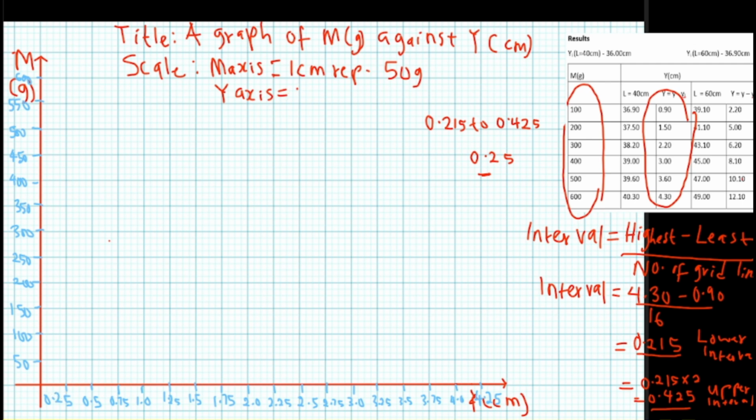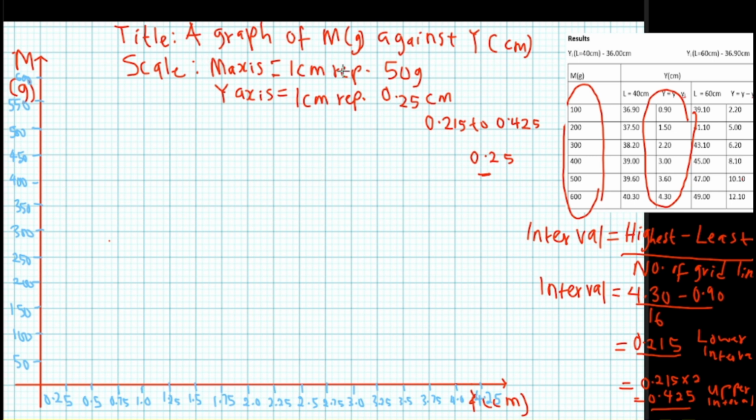So say 1 cm represents 0.25 interval, increasing by 0.25. So say 0.25 cm. So that's going to be your scale for your horizontal and scale for vertical. So this is a simple formula you can use to get your scale.